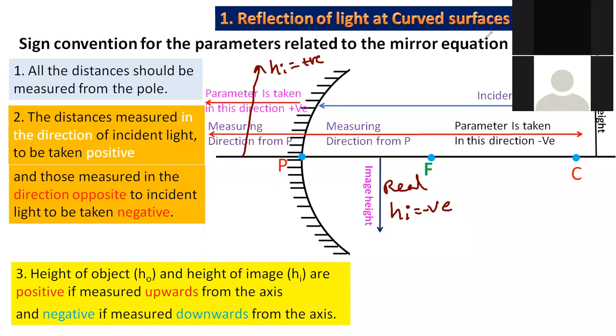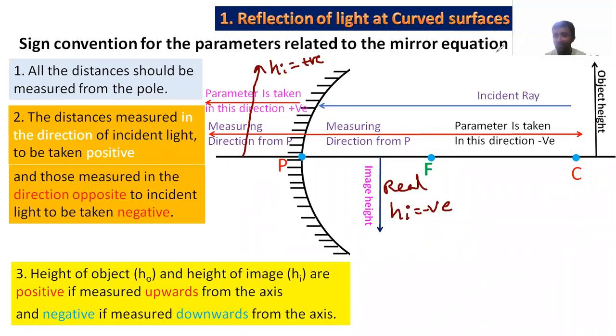For any mirror it is the same. You can follow the same directions or the same logic for a convex mirror. Right? So logically, I will give you what are the signs for a concave mirror.